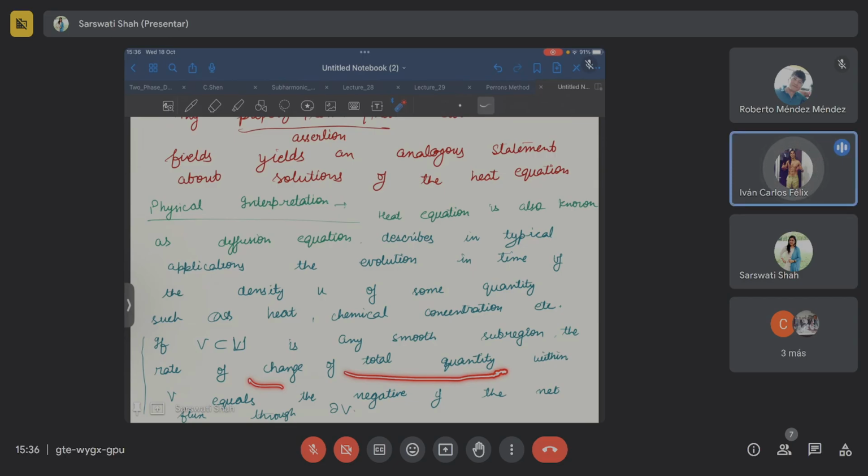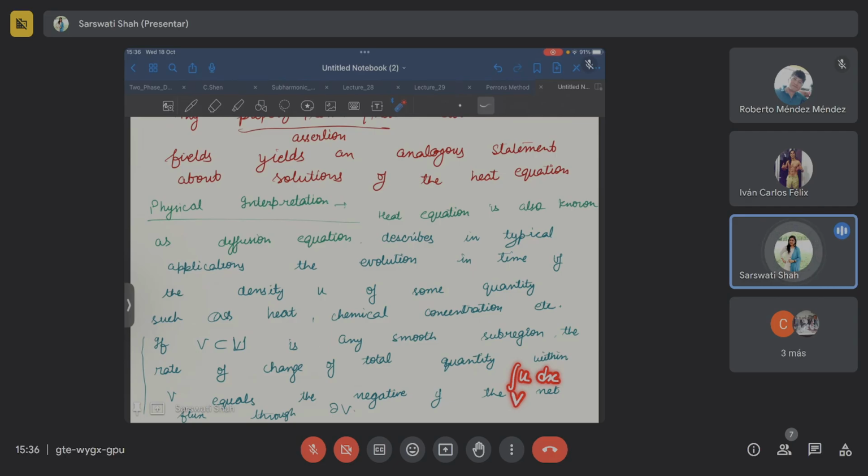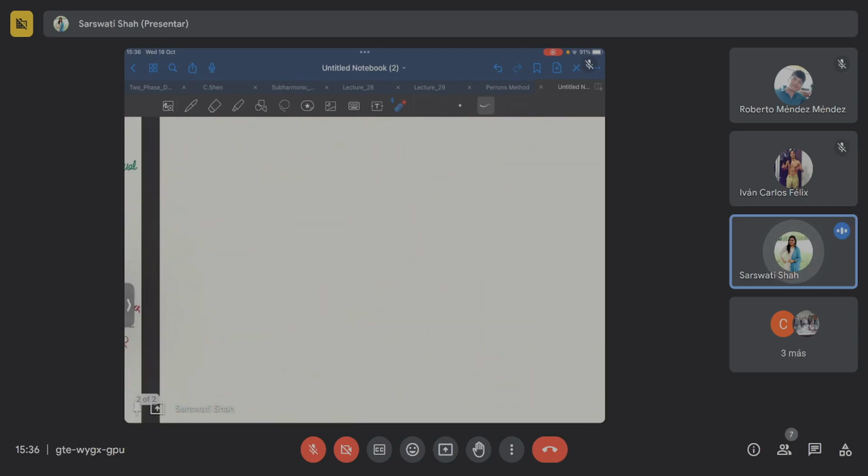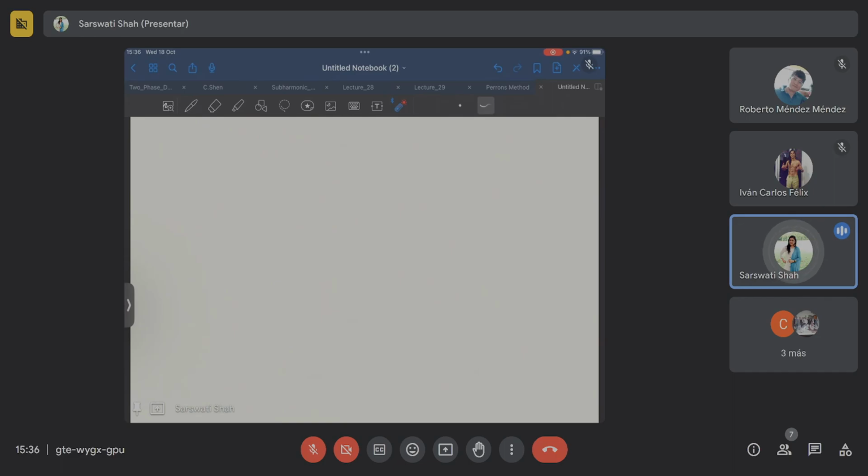The total quantity is going to be the integration of u in the region V, isn't it? Yes. And the total rate of change will be d over dt of this quantity. Okay, so the statement should be very clear to all of you.